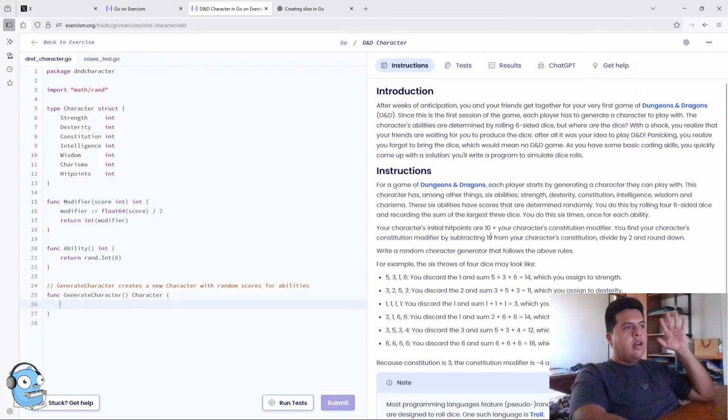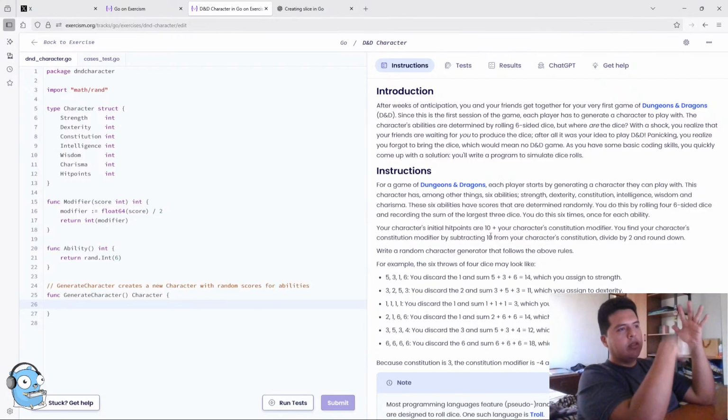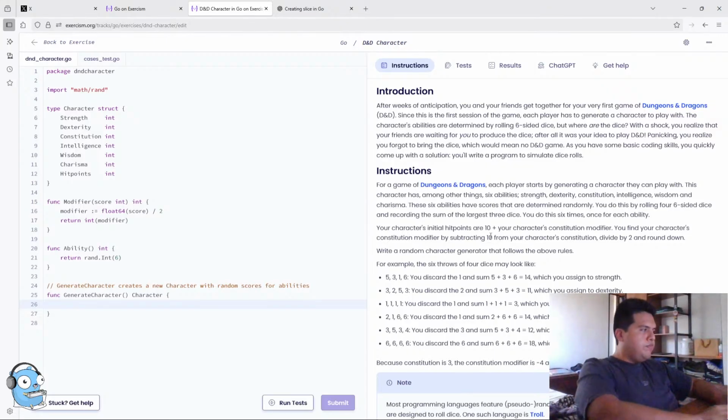Your initial hit points are 10 plus your character constitution modifier. You find your character's constitution modifier. Ability: strength, dexterity, constitution, intelligence, wisdom, charisma.